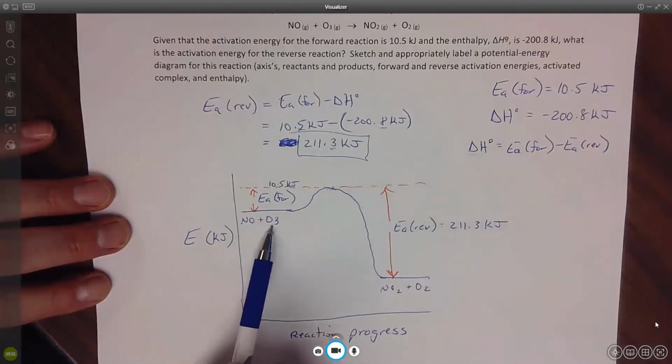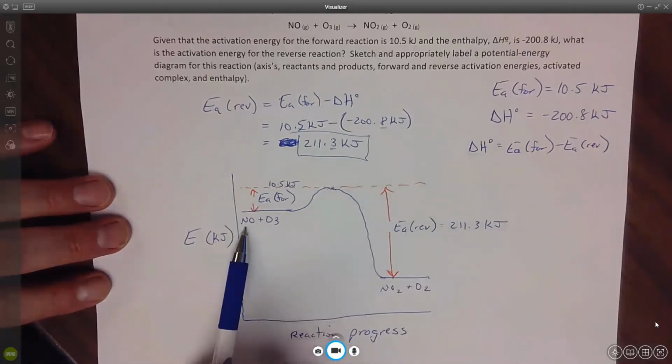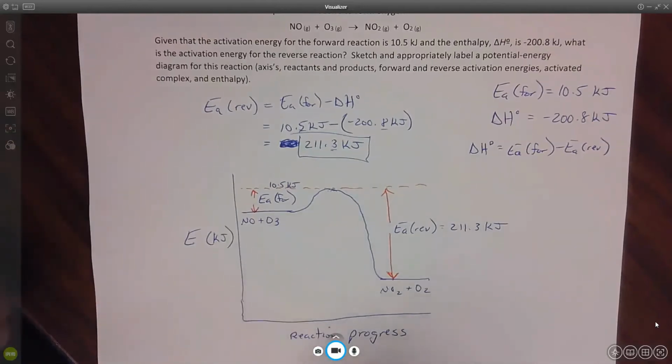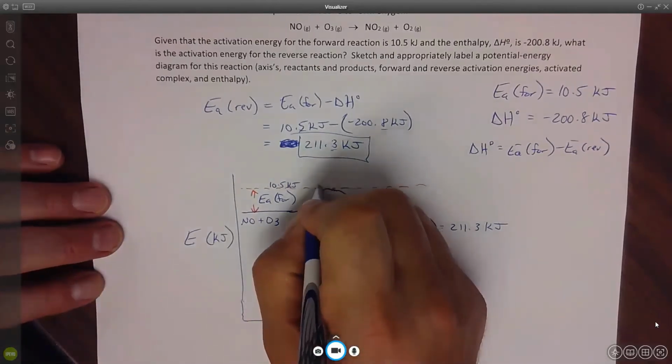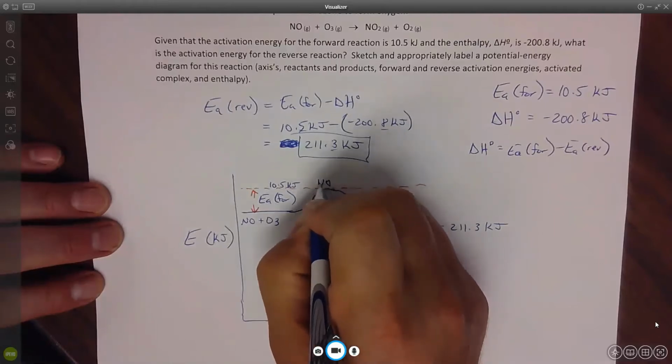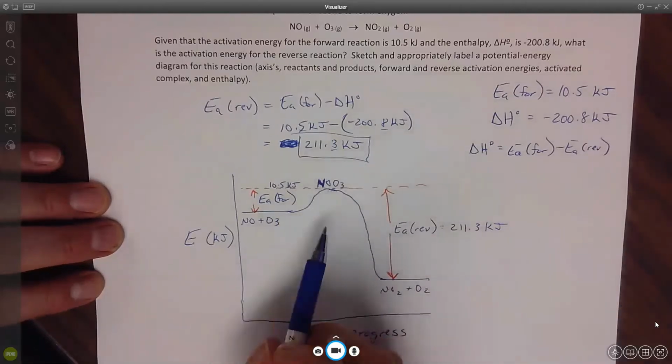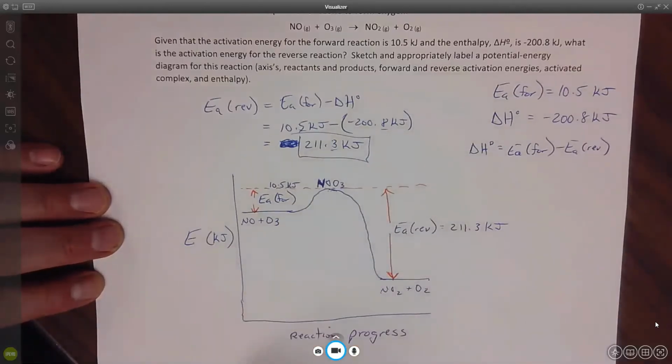These two are colliding with one another, and then they start to form bonds and break bonds. And so I have this. You could write this however you want, I'm just going to write it like this: NOO3.